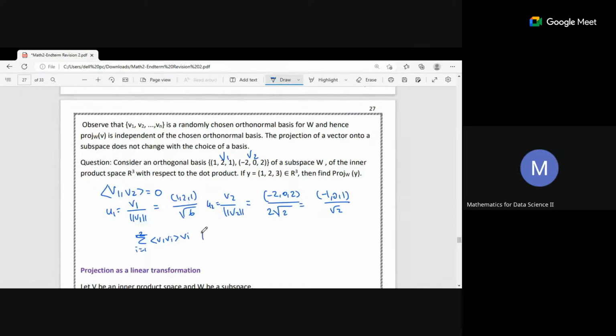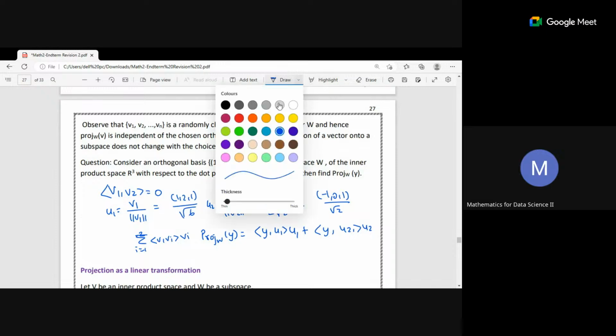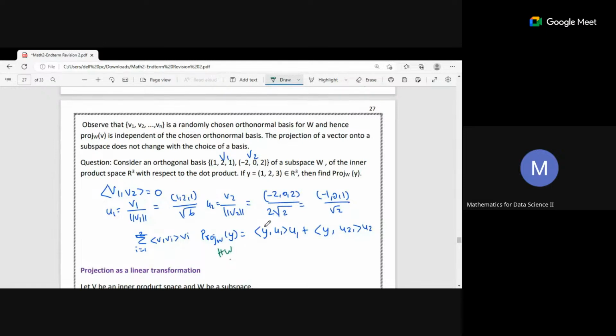So the projection of Y here is inner product Y, U1 into U1 plus inner product Y, U2 into U2. Please do this computation yourself. Shall I leave this computation to you? You can do these inner product computations, right? Yes, ma'am.